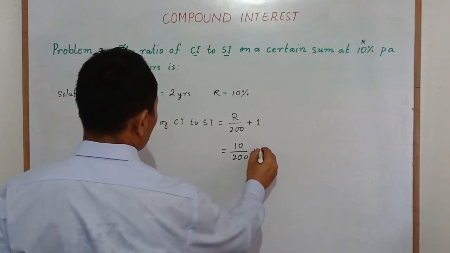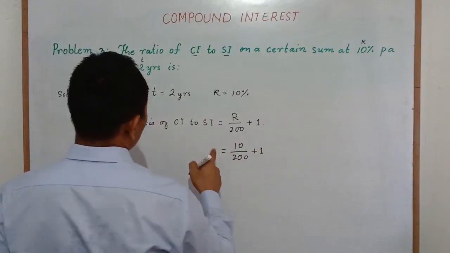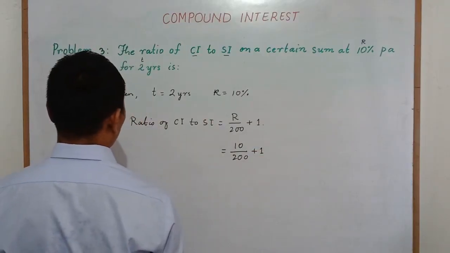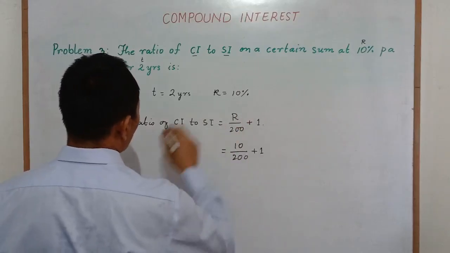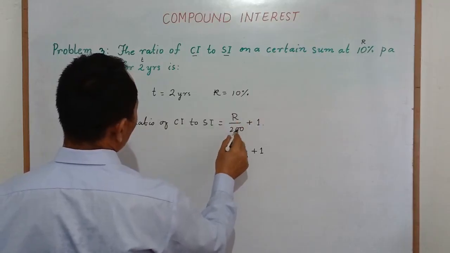It's a formula that we apply here, R by 200 plus 1.